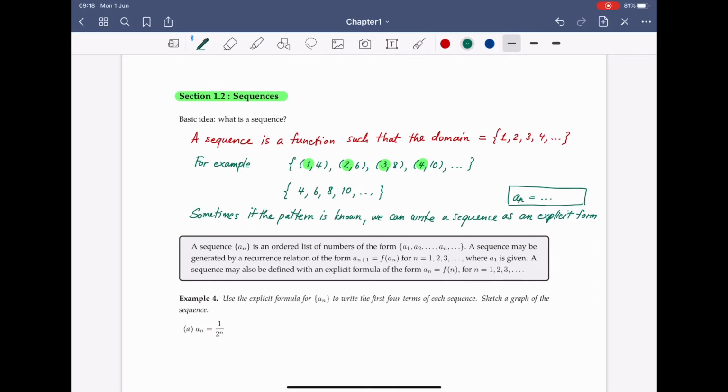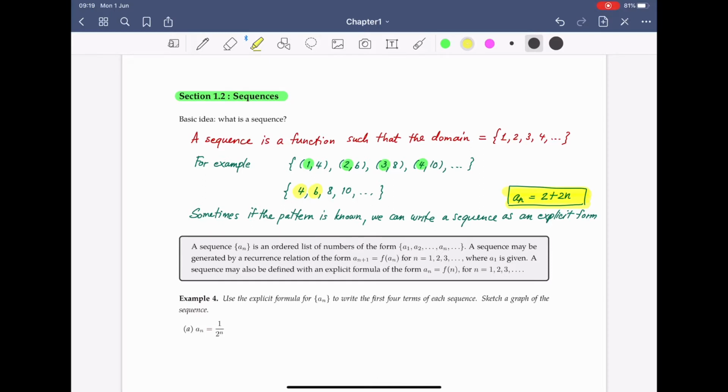In this case, you could say a_n is equal to 2 plus 2n. Right, and then you can see that when you plug in n equal to 1, you get a_1 equal to 4, and that is your first term. And then when you plug in n equal to 2, you have 2 plus 2 times 2, which is 6. That is the second term and so on. So most of the time, you're going to see a sequence in an explicit form like this: a_n equal to something in terms of n.